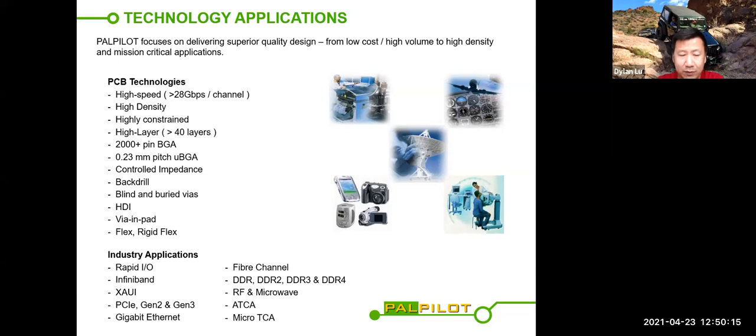These are high-speed types of boards. PCIe Gen 2, Gen 3, Gen 4, or even Gen 5 nowadays, right? Gigabit Ethernet, Fibre Channel, DDRs are your memories, your RF microwave type of design, ATCA, microTCA form factors. You want to know about this if in the future you are working for a company with a product that is fitting into any of these applications.